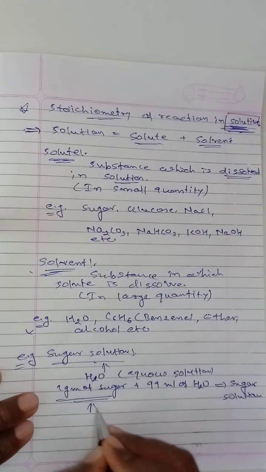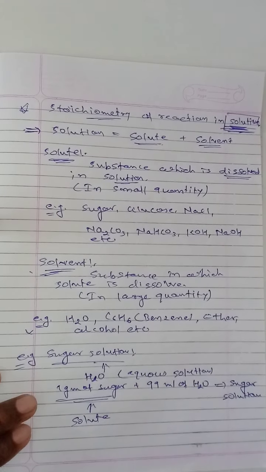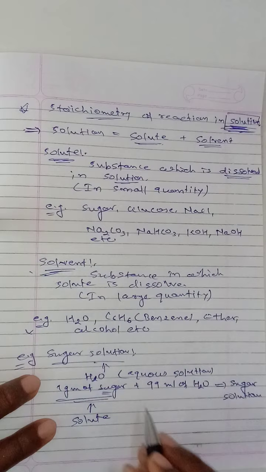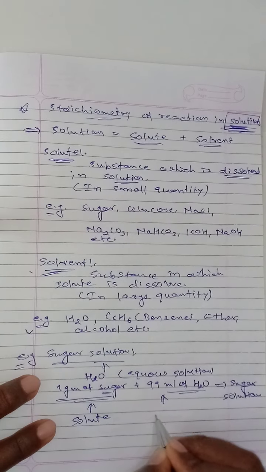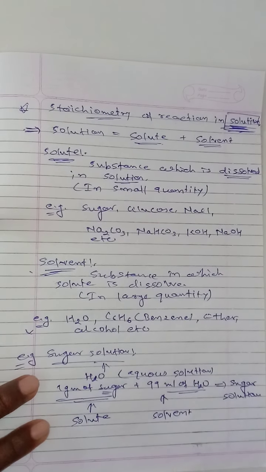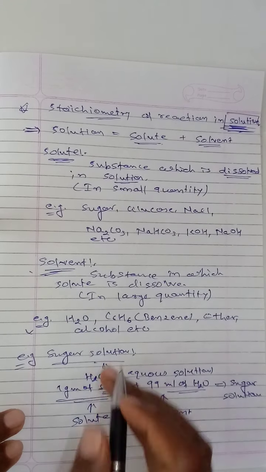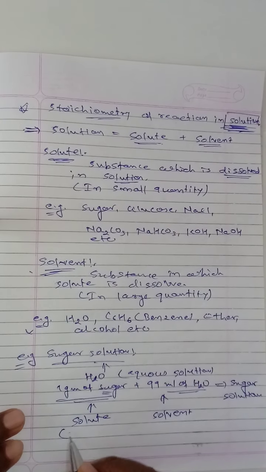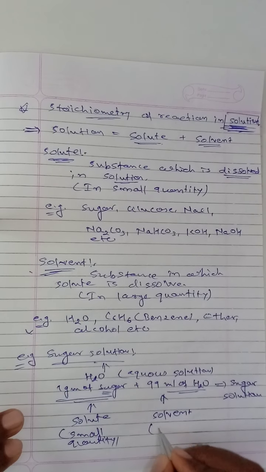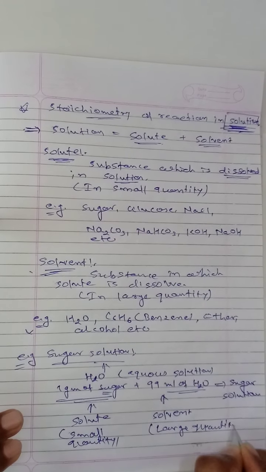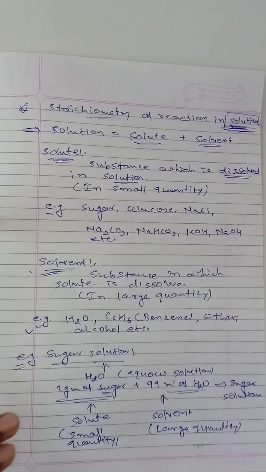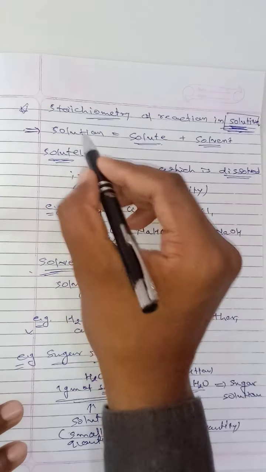The sugar is our solute because it is dissolved in 99 ml of water, and this water is our solvent. So solute is always in small quantity and solvent is always in large quantity. Okay, this is the main basic concept about solution.